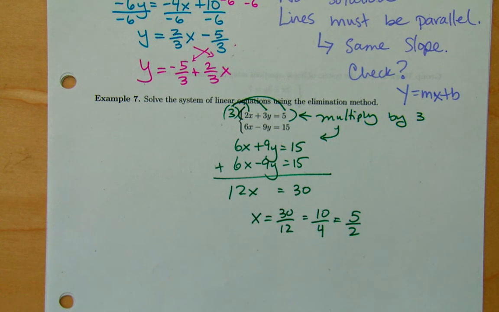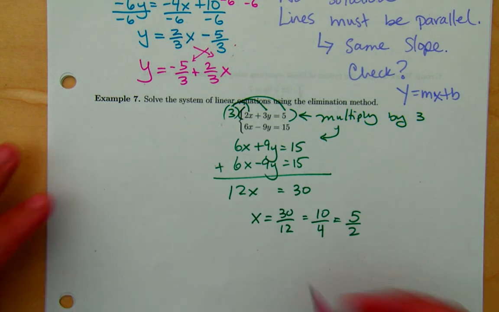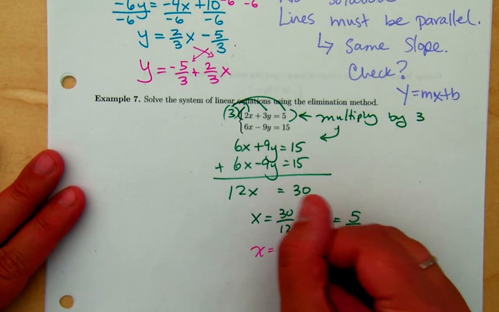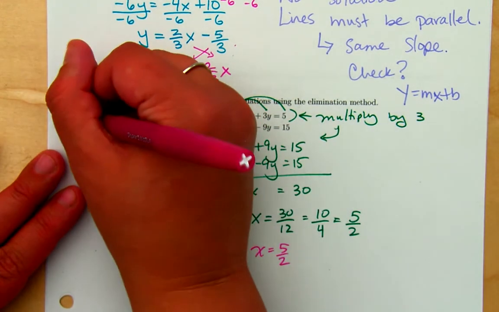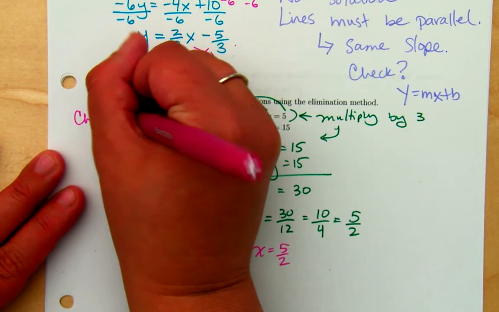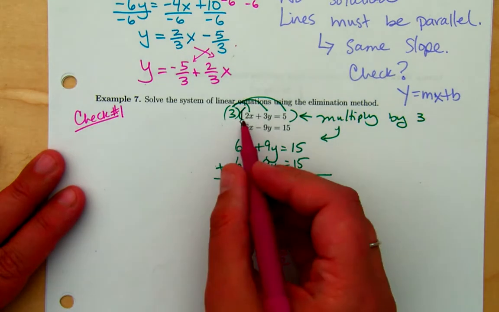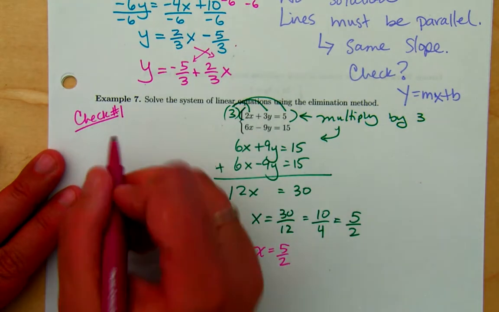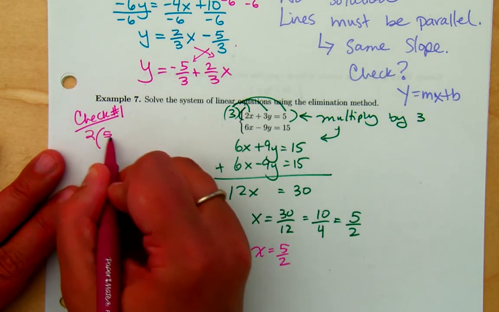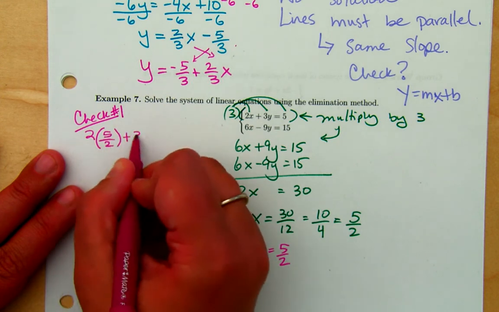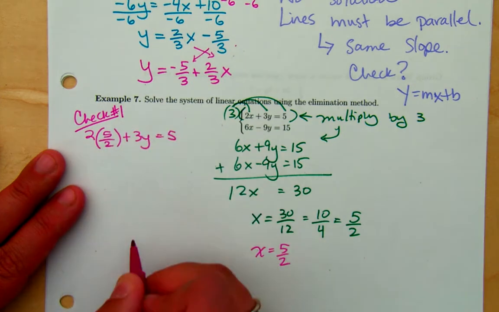Now, I said one thing you could do is you could check them and solve for y at the same time. If we know that x equals 5 halves, I'm going to do check number 1 by plugging in 5 halves for x. 2 times 5 halves plus 3y equals 5.